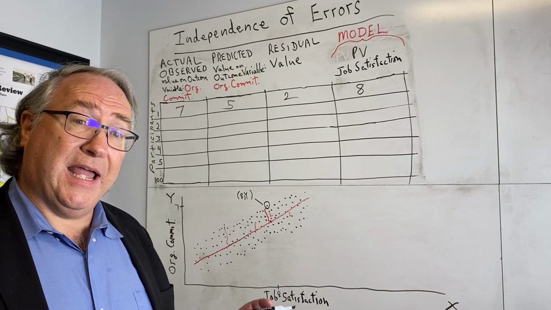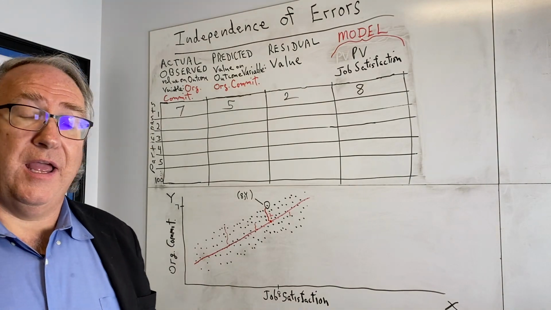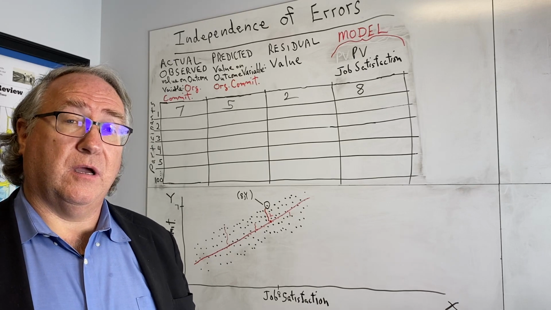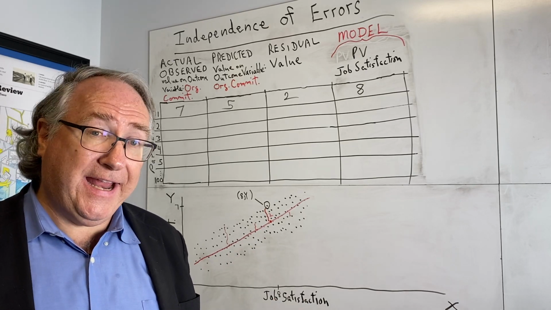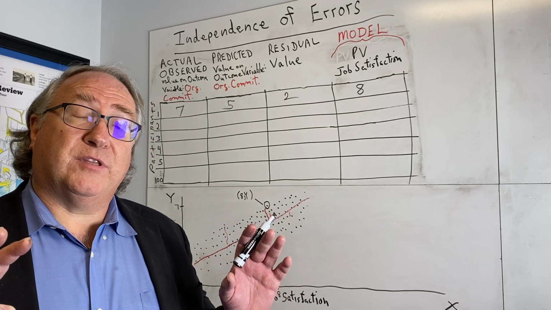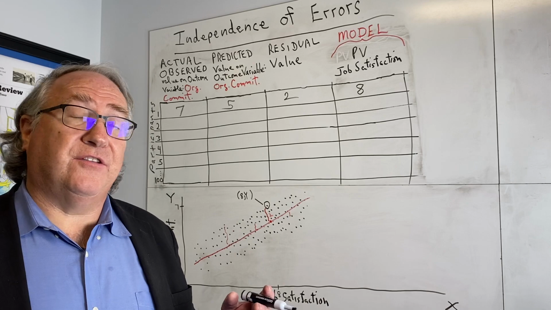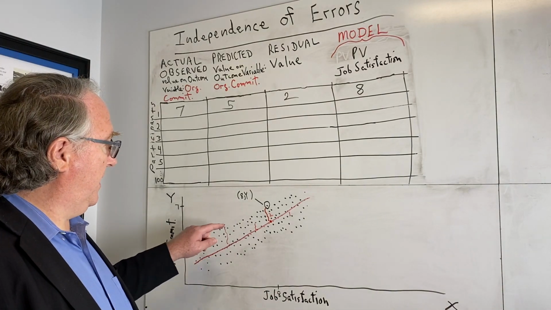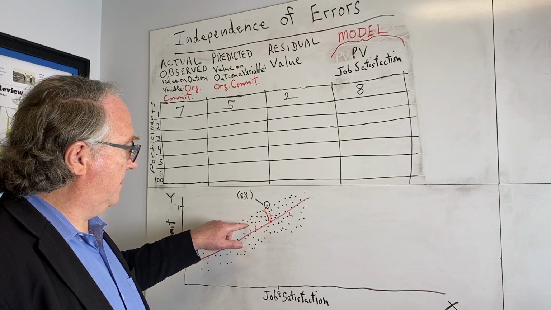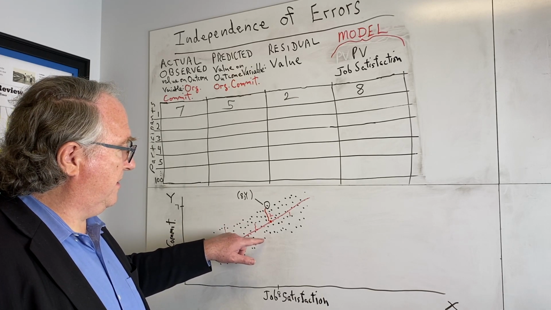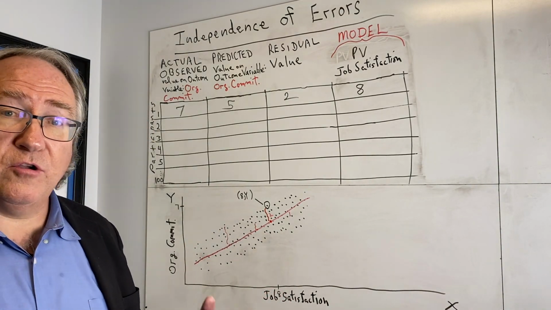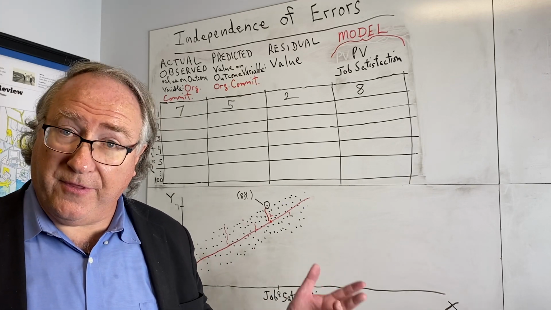How it works out is that if you meet the independence of errors assumption, hand in hand with that, it is also saying that each of these actual observed values on the outcome variable measure, any two of them, are also separate and independent from one another.